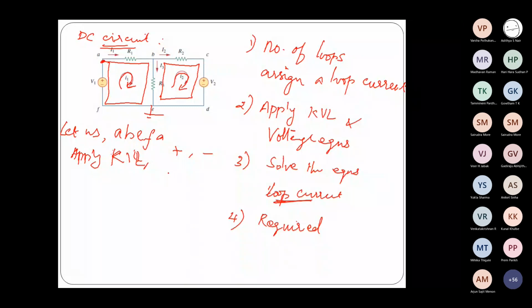Now let us write the voltage equation. How many voltage components are there? V1, the voltage drop across R1, and the voltage drop across R3. Since I assume the clockwise direction, this is minus to plus, so it is a voltage rise, and I write V1 here.